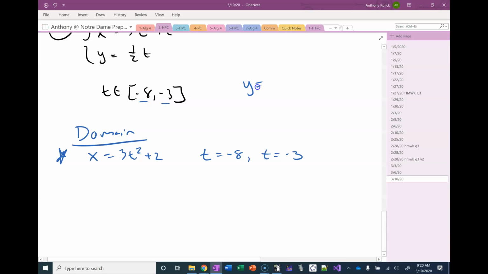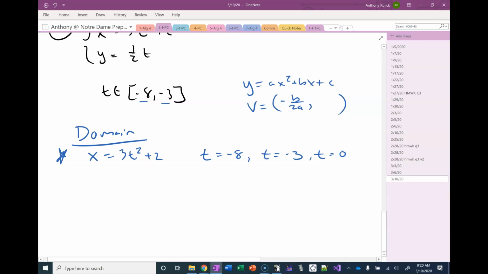Remember, I can find the x-coordinate of the vertex by doing negative b over 2a. In this case, the b value is 0, so the vertex has the x-coordinate 0.